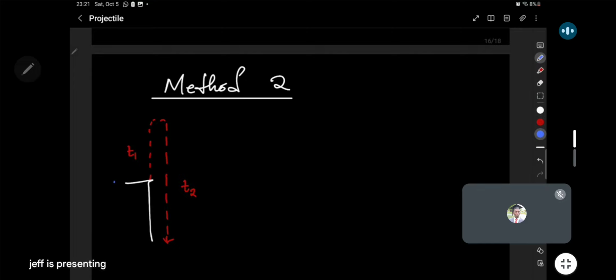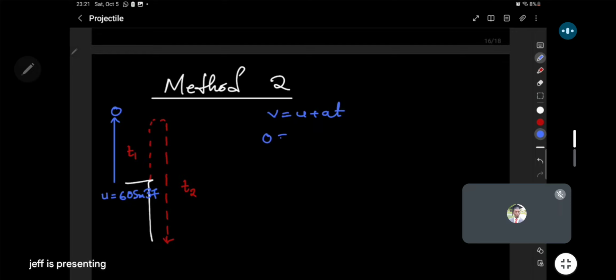To go up, it starts from the roof up to the topmost point. So here, the initial velocity, still in the y-axis, will be 60 sine 37. The final at this point will be 0. Acceleration is negative 9.8. So we can use final equals initial plus at.